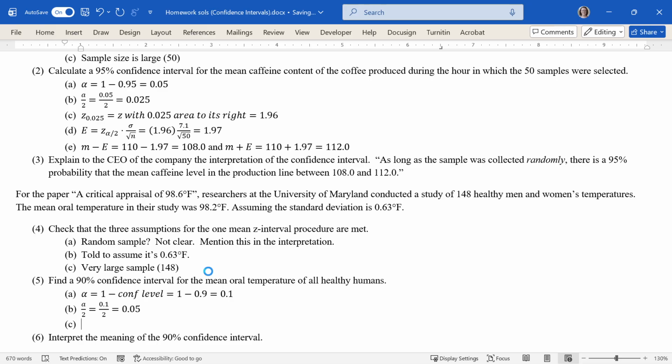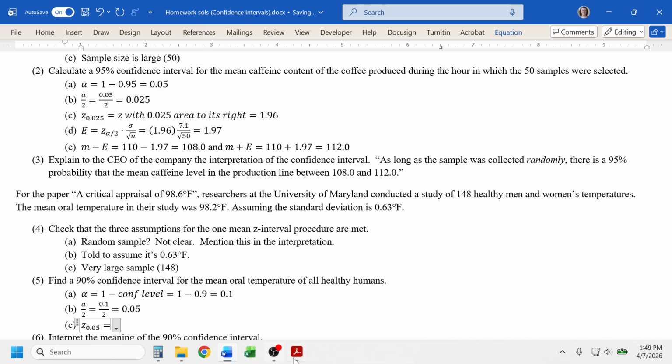And then we are finding z sub 0.05, so that is the z-score that would cut off the right tail of 5%, and then the negative version will cut off the left tail with 5% area. So that tells you where the z-scores are that isolate the center 90% of the sample means. Okay, so you'll either have a list of these, or you can look it up in your table.